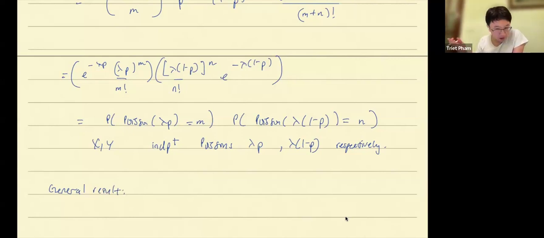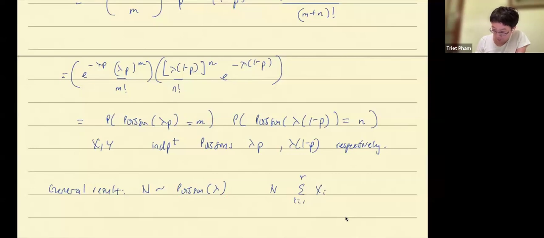You can take anything; you don't have to take a yoga studio. It's just a context. If N is a Poisson lambda, so that's the total number of arrivals, and let's say N can be broken down into the sum of N sub i, with i from 1 to R. There are R types.